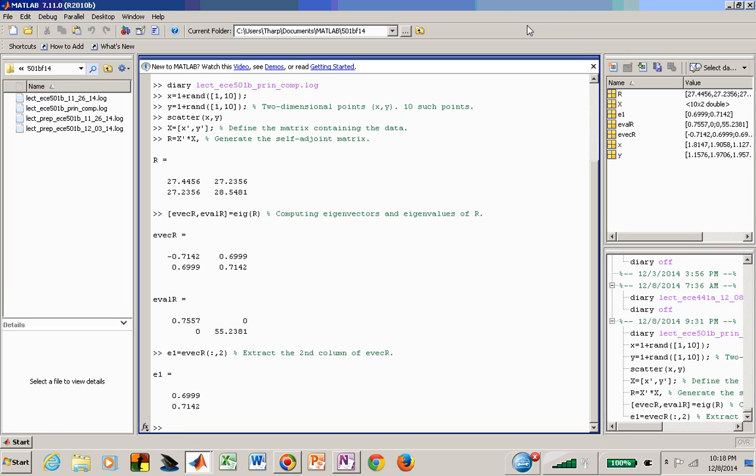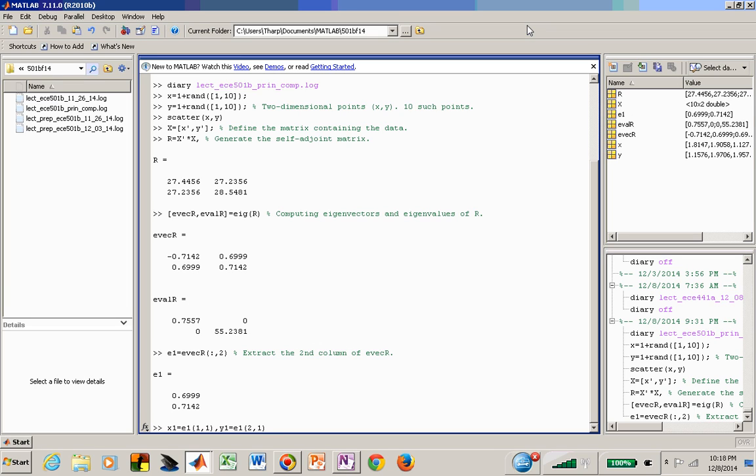Now let's pull off the two coordinates. Let's call the first coordinate of E1 x1. That's the horizontal direction, so that's now going to be E1(1,1), and the y-coordinate is going to be the second coordinate in E1, so that's now (2,1).